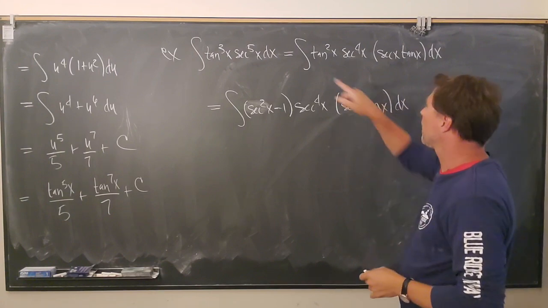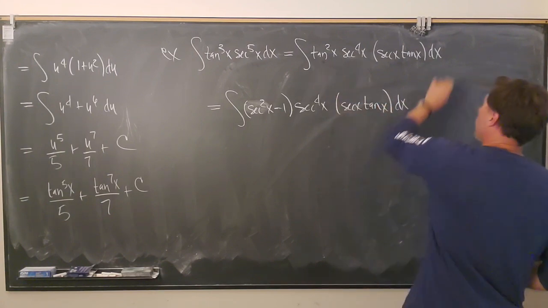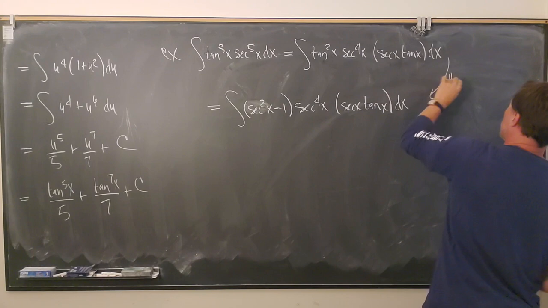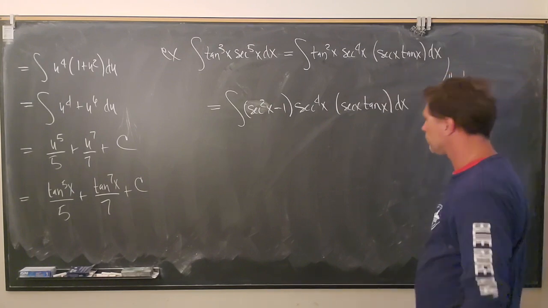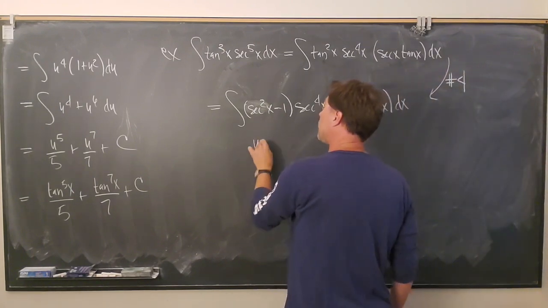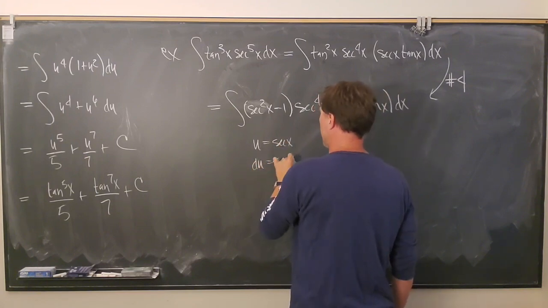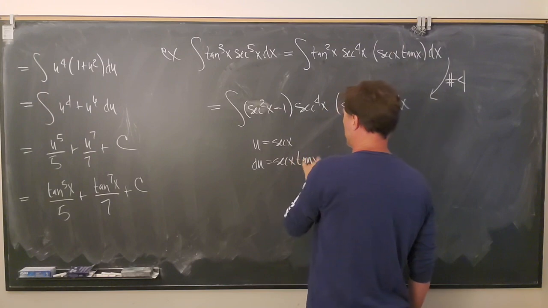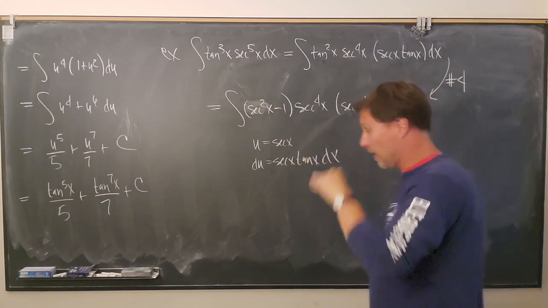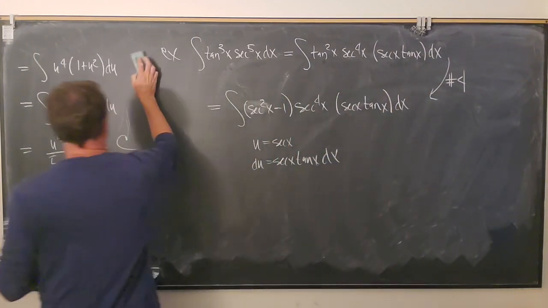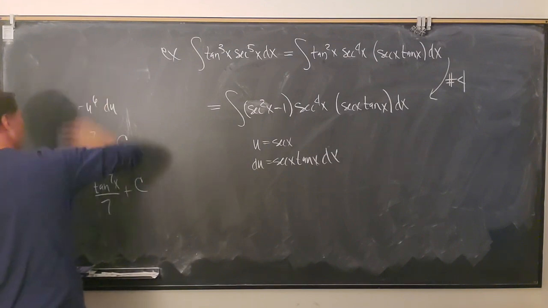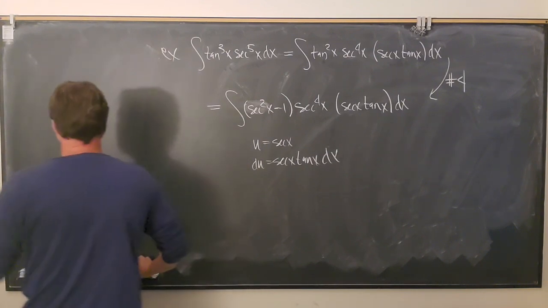So here, I applied identity number 4 to that tangent squared. Okay, so now if we let u equal secant x, du equals secant x tangent x dx. And this substitution has converted our original integral into that of a polynomial, which we can easily compute.